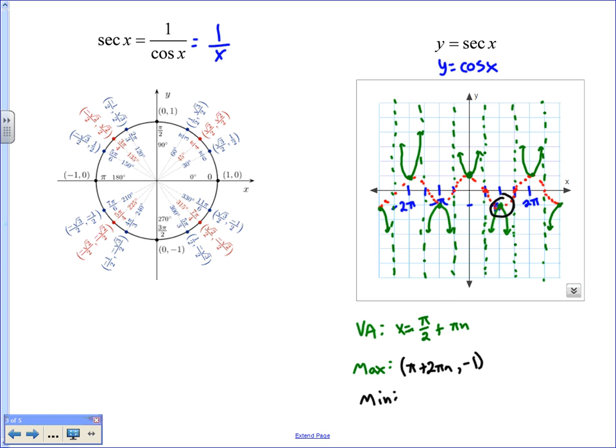Our minimums, let's pick one right here, are at 0, 1, so that'd be 0 plus 2 pi n, because all of our mins are 2 pi apart, and this time it's 1. And you see all of our maximums will be at -1, and all of our minimums will be at +1. Okay, so that's what we can do for the graph of secant.